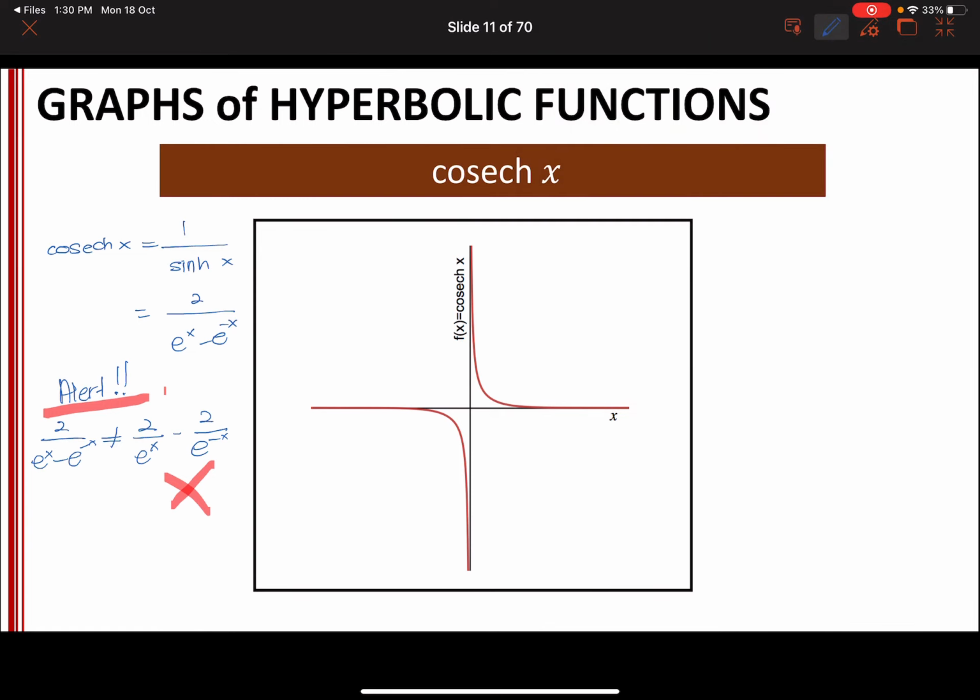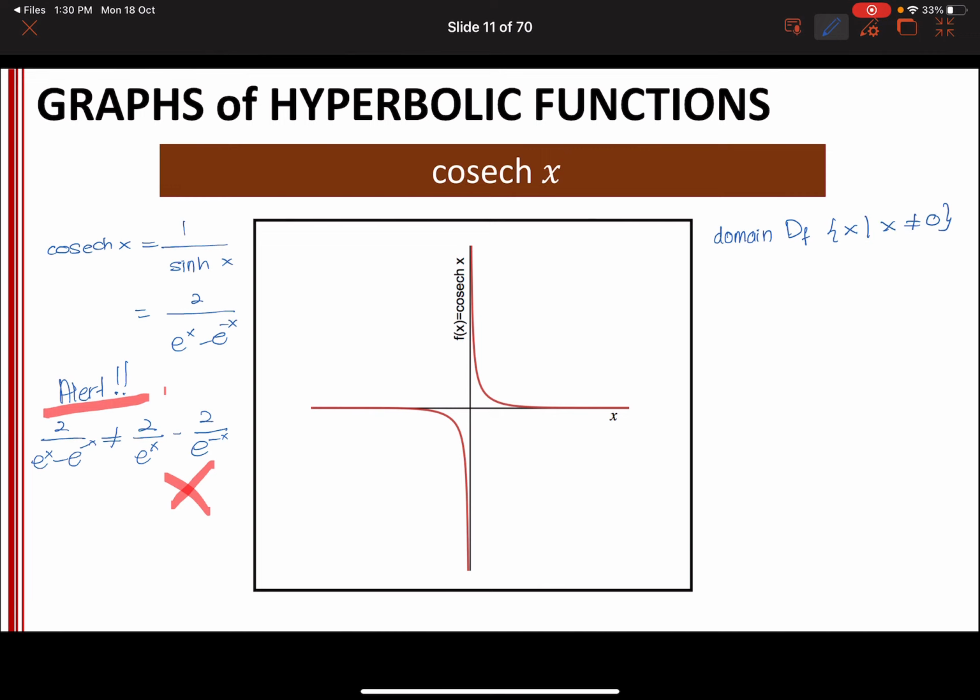You can see that it is undefined at x equal to 0. So the domain of f is all values of x such that x is not equal to 0.